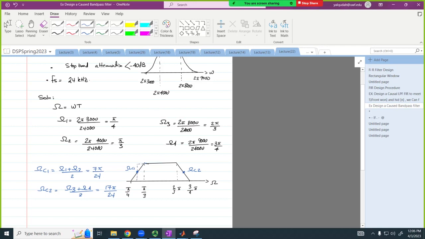So this is going to give me the ideal filter that we can start with.